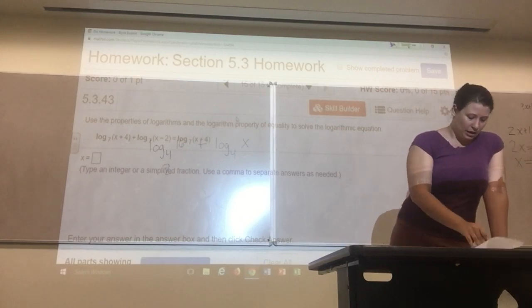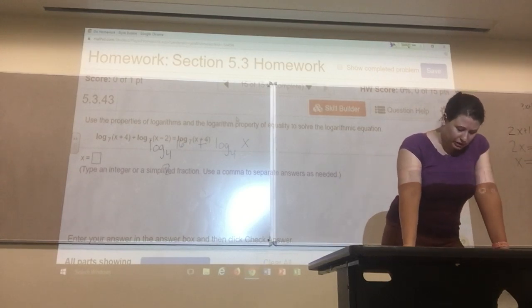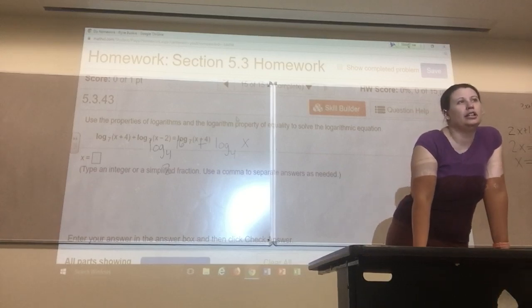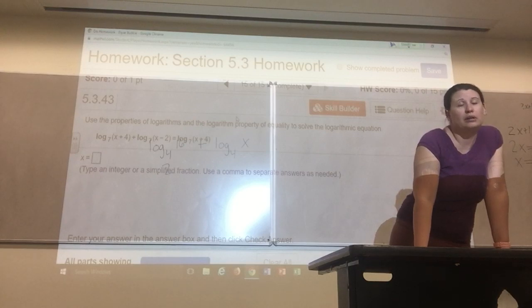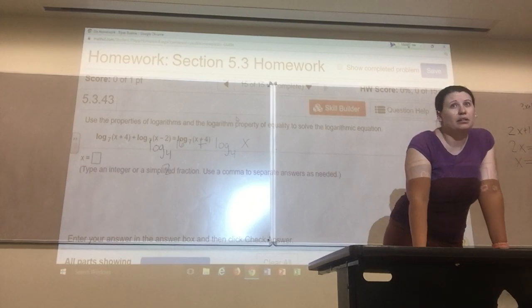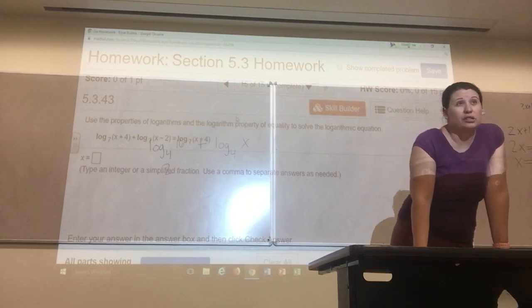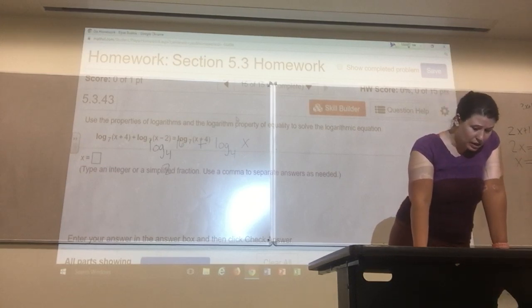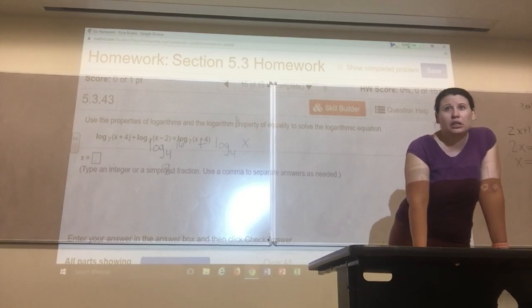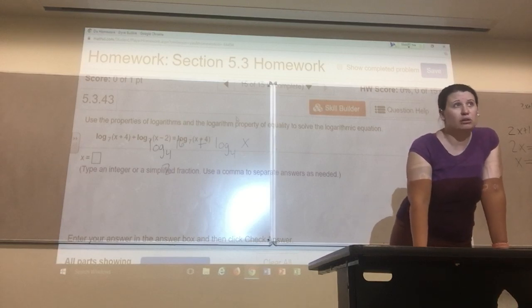Okay. And then 4.3 was polynomials. So polynomial has to have no variables in a denominator, no negative exponents on variables, no roots on variables, right? Anything is good with the coefficients though. And then we had also highest degree term, and so the degree of the polynomial, the leading coefficient, the constant term, all those fun things.